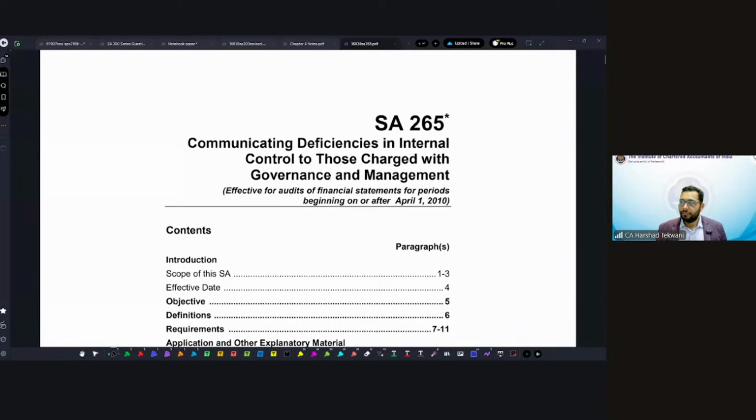What do you mean by deficiency in internal control?